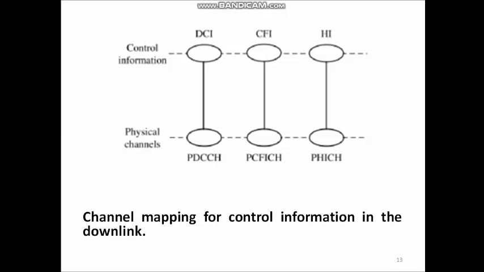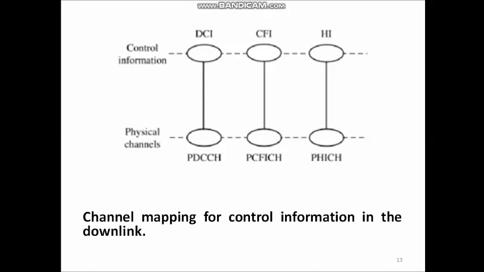And this shows the channel mapping for control information in the downlink. There is a specific physical channel for each type of control information. As you can see here, we have control information DCI, CFI and HI, and they are mapped to corresponding physical channels. DCI, downlink control information, is mapped to the physical downlink control channel.